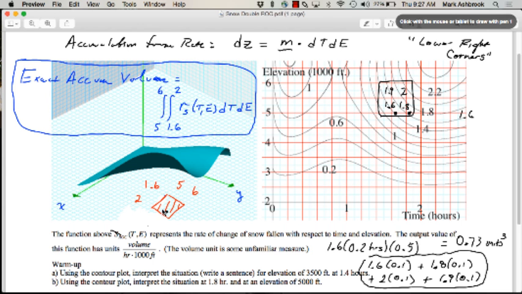if we think about what we did, we took the area of the base times the z value of the rate. So what is that finding? Area of the base, so dx times dy times a z value. What does that find? Volume of a rectangular column, right?